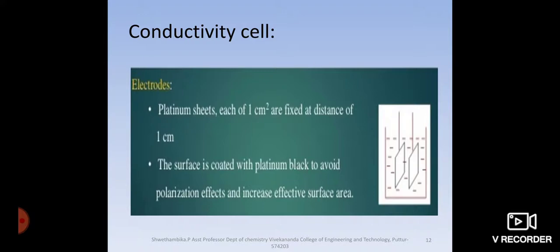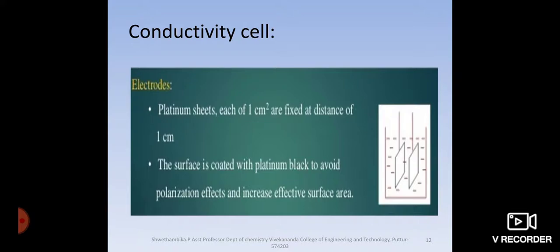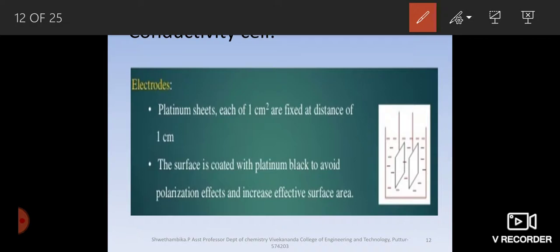One more slide here I have introduced, that is for the conductivity cell. Because conductivity cell plays a major role, two sentences I have added about the same. As you can see in this diagram, conductivity cell is made up of platinum sheets, and each of 1 centimeter square area, and they are fixed at a distance of 1 centimeter.